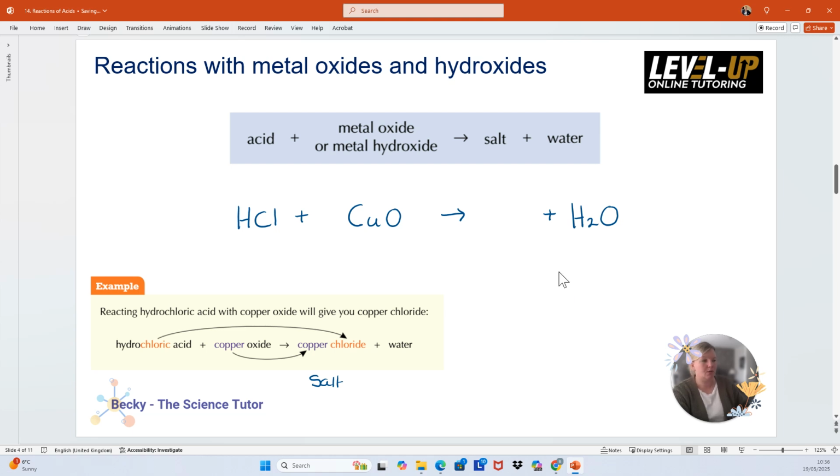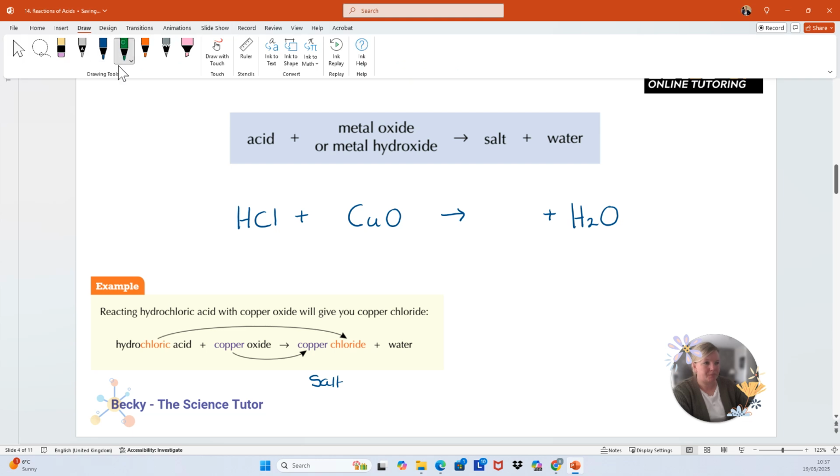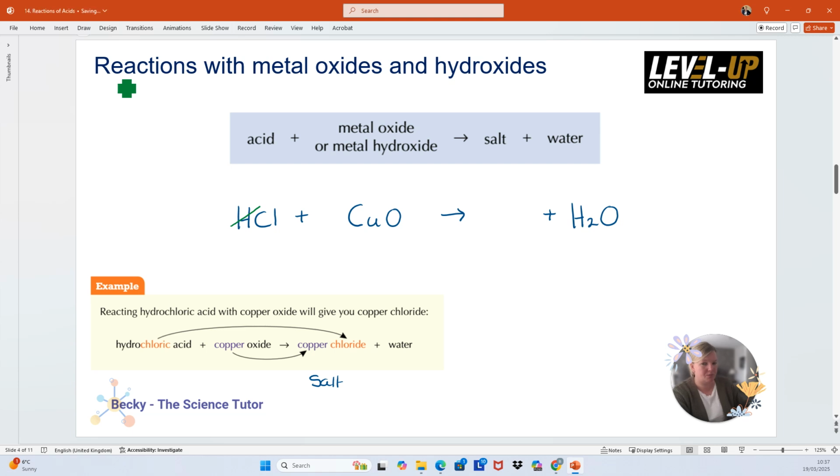So this isn't balanced at the moment, but essentially those hydrogens, because remember they split into H plus and Cl minus, and this is going to split into Cu plus and O minus. Again, I haven't balanced anything, we're starting very basic just to show you where these are coming from. So those hydrogens and those oxygens are going to form that water.